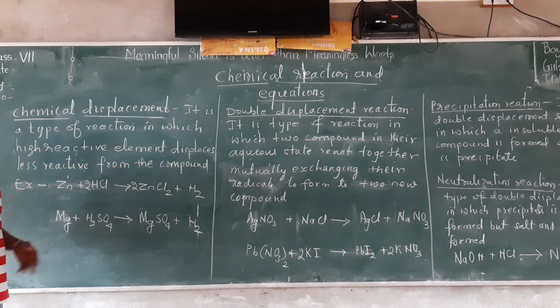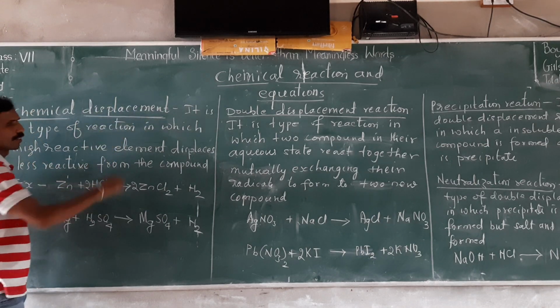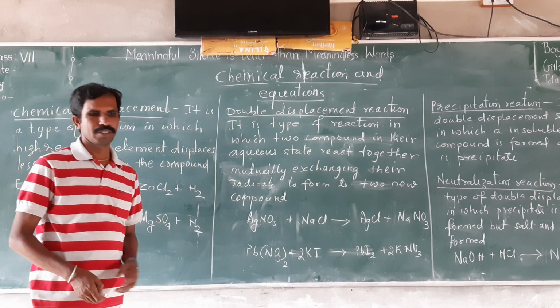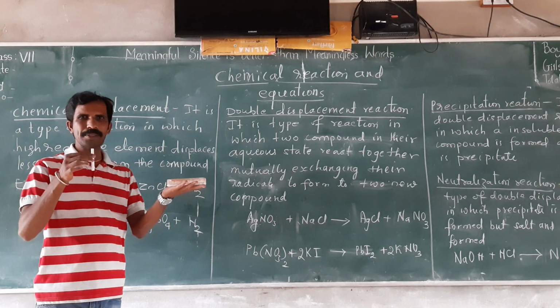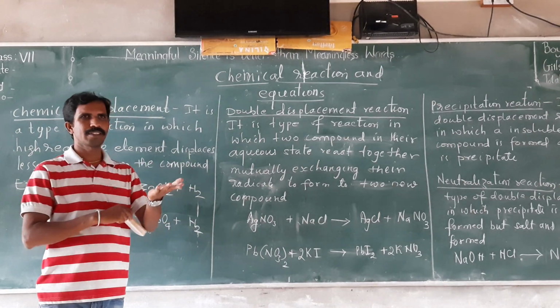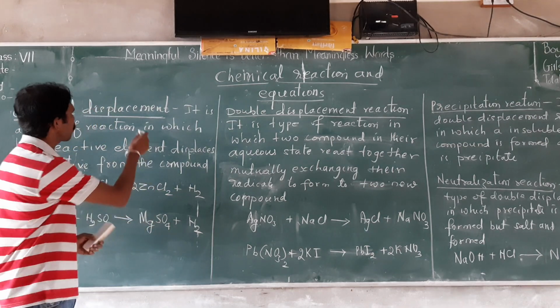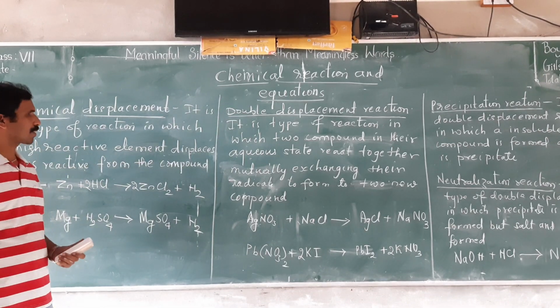So what is chemical displacement? Displace. You know the word meaning of displace. So displacing something. The duster is here on the surface, and displacing this duster and keeping the chalk piece. Displacement, the word meaning is displace: something removed from that place and something else kept.